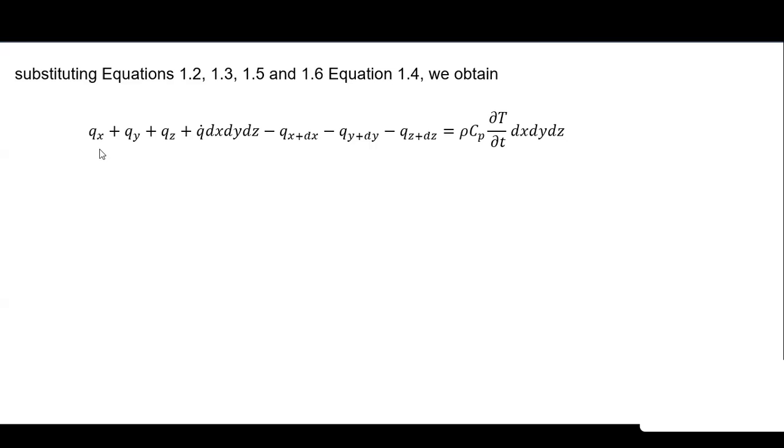So now we have got separate equations for Qx, Qy, Qz and Qx plus dx, Qy plus dy, Qz plus dz. Let us call this equation 1.7.